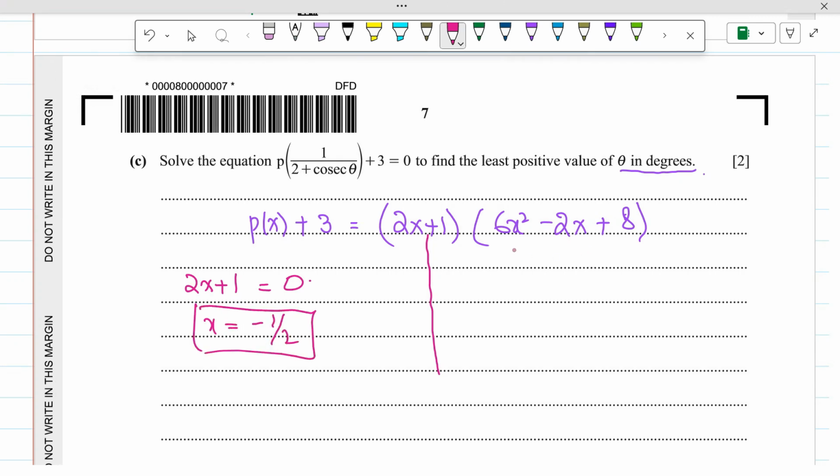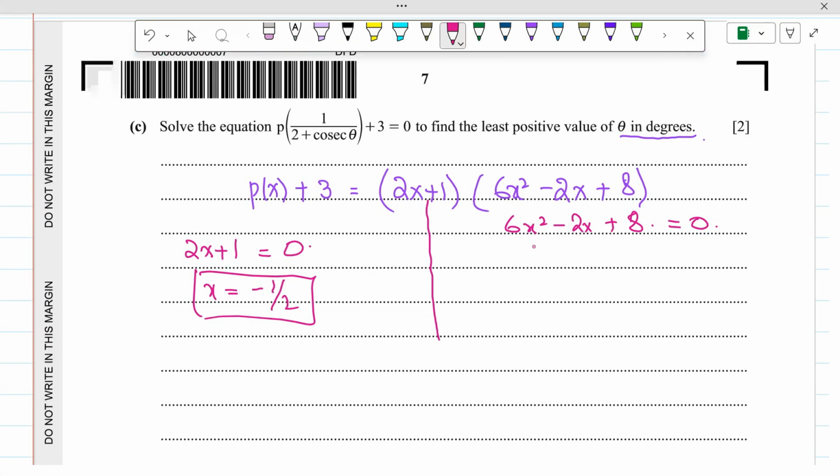The second factor is the quadratic factor 6x² − 2x + 8, which is equal to 0. To find whether this quadratic equation has real or complex roots, we find the discriminant. The discriminant is b² − 4ac, where a = 6, b = −2 and c = 8.